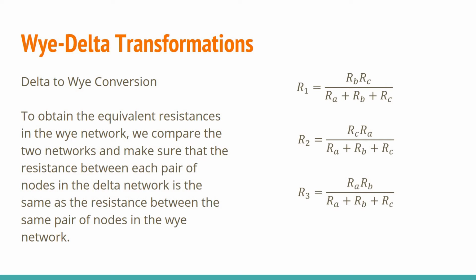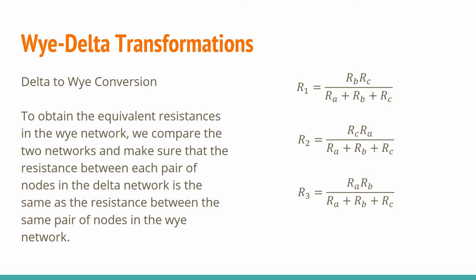So, kanang RA, RB, RC, mo na siya ang mga resistances nga naa sa delta. Kaning R1, R2, R3, mo na ang resistances equivalent sa Y. Equivalent resistances ng delta to Y.